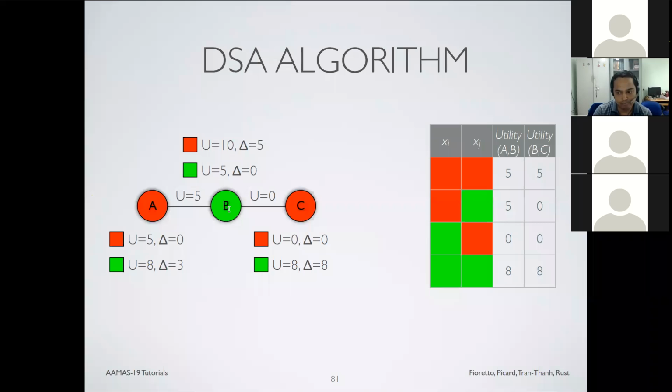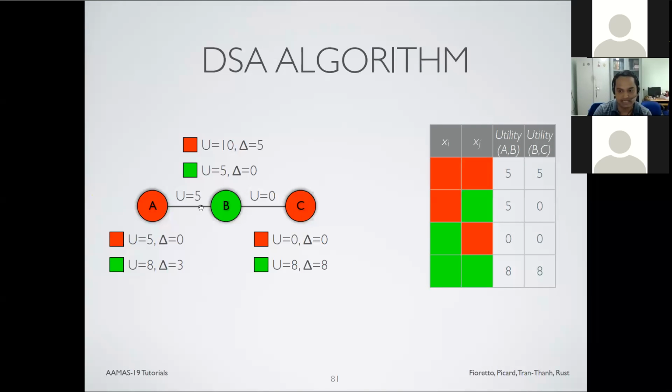If B chooses green and C chooses red, the value of this arc is 0. So if this is the combination red, green, red, the total utility from this graph is 5 plus 0, right?